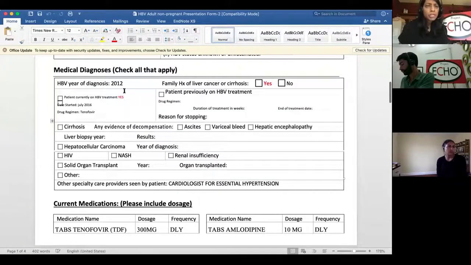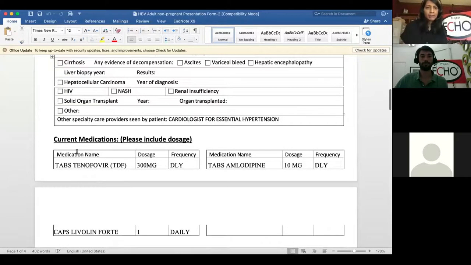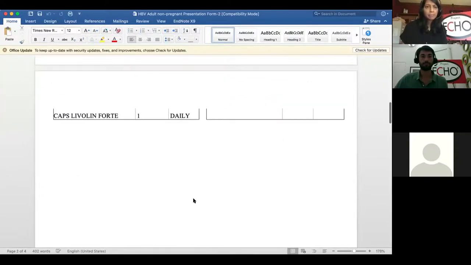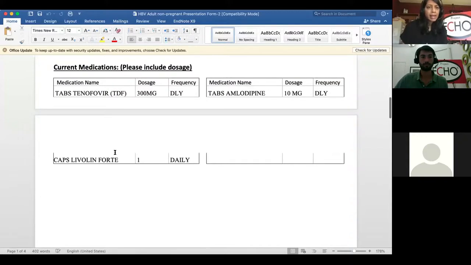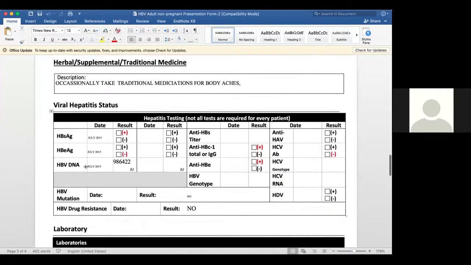The patient is currently on hepatitis B treatment, was diagnosed in 2012. They have a family history, it looks like, of liver cancer or cirrhosis, and they're on tenofovir as well as amlodipine. And actually, I just noticed they're on another medicine, Livolin Forte. I'd have to look that one up to see what that translates to here.